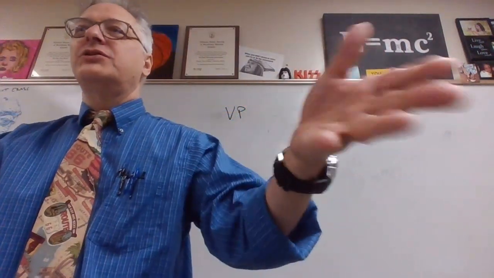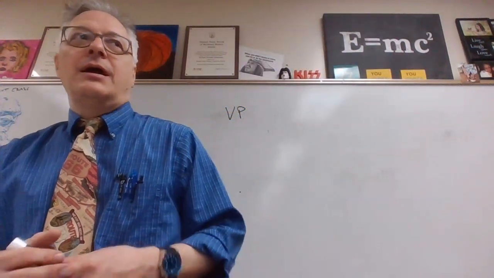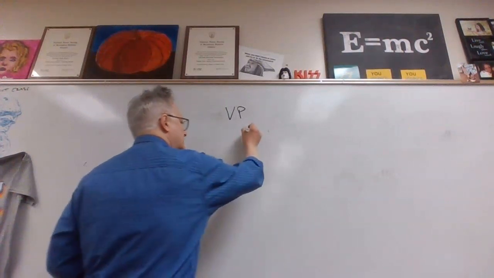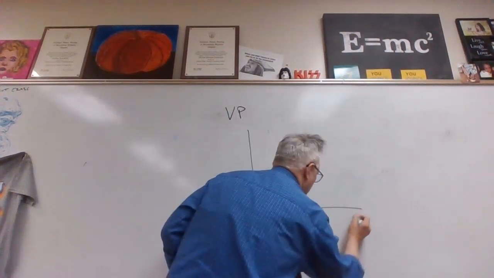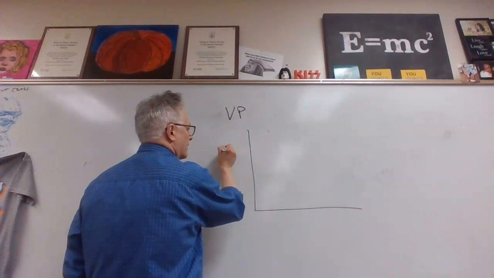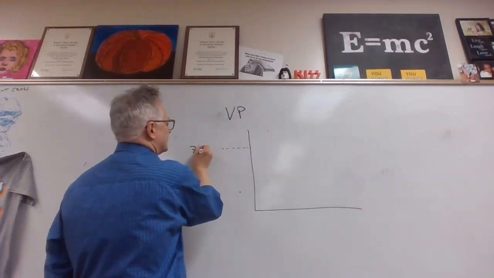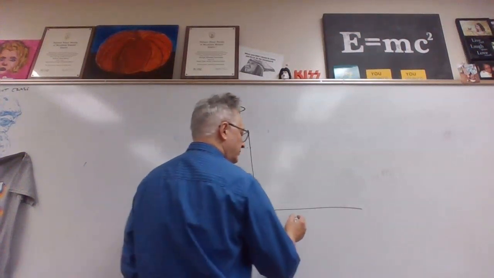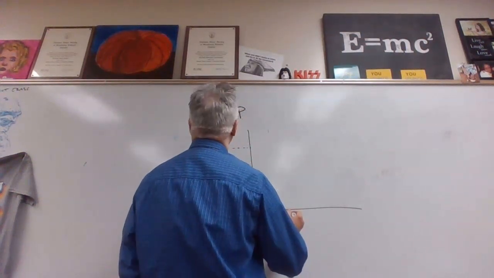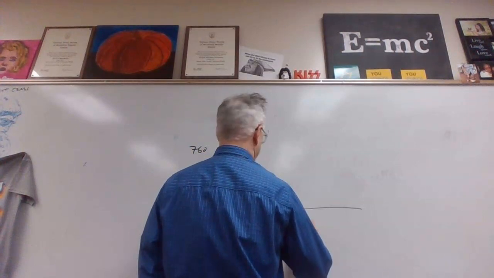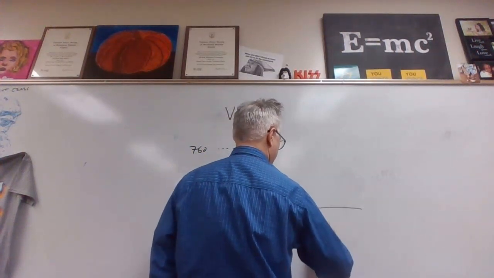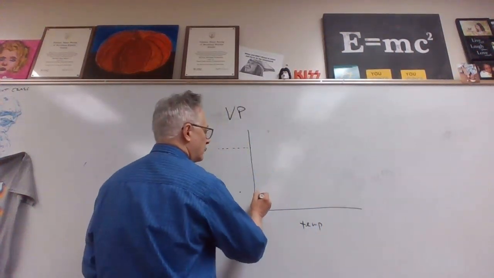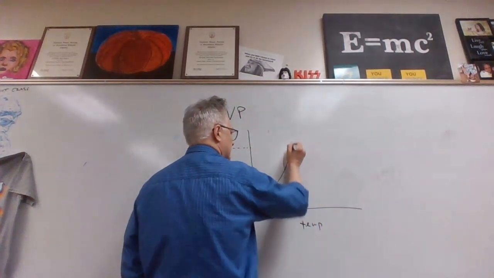My vapor pressure is really important. If you just saw on that little quiz that we had, I showed you a graph. What's important to understand is that no matter what substance it is, let's say this is 760 millimeters of mercury, and I showed you different curves, and this was temperature.